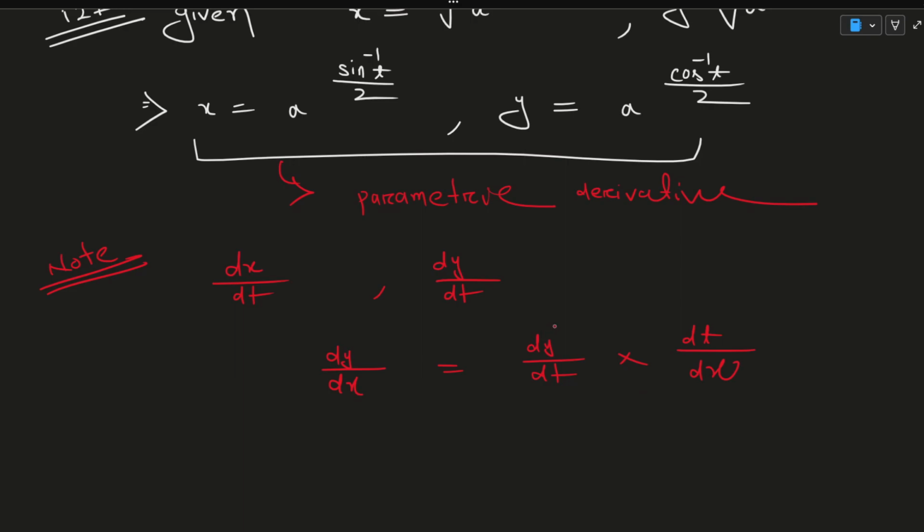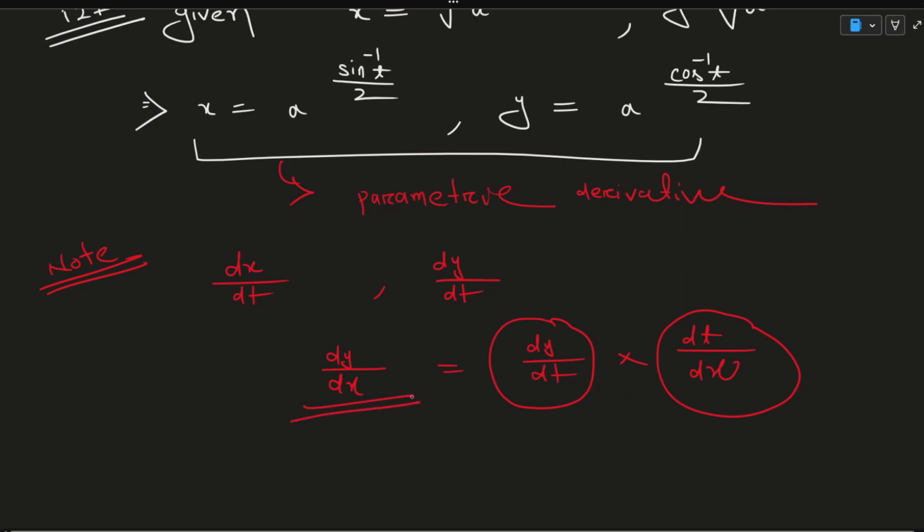We have already evaluated dy by dt and dx by dt, so we will take the reciprocal to get dt by dx and then multiply this one. Then we will get our required result.